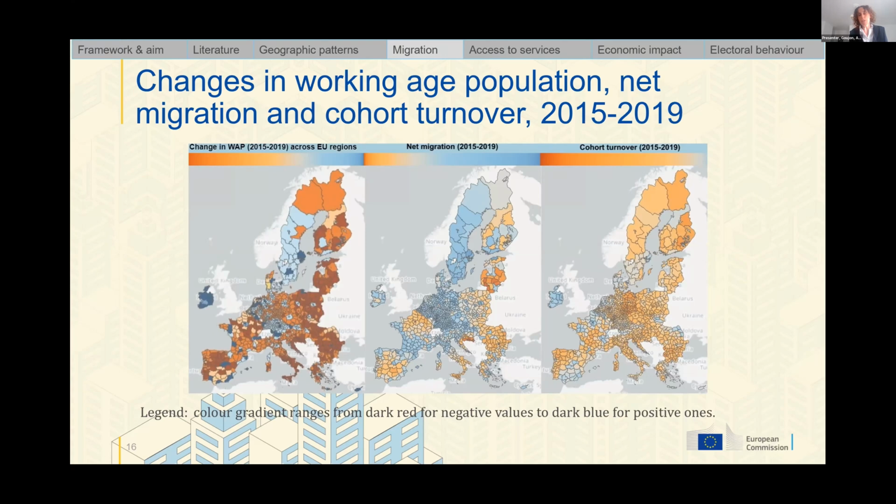This was mostly the case in regions located in Germany, Austria, Sweden, Belgium, and the Netherlands. The second largest group, quite visible on this map, were EU territories that experience both net negative migration and negative cohort turnover effects.